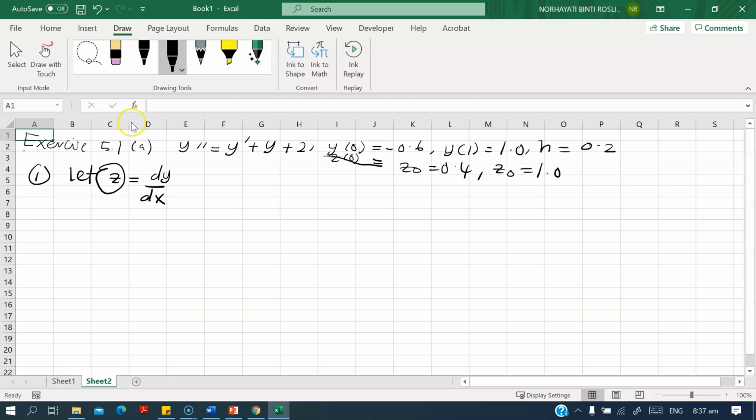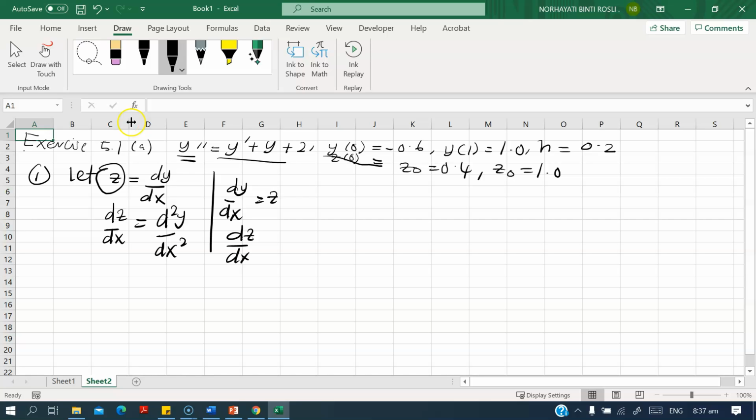And then you need to differentiate this z. When you differentiate, you will have dz/dx equal to the second derivative of y with respect to x. Means that when I write it in terms of a first order system, I write again dy/dx equal to z, and then dz/dx equal to y double prime. This is the same as y double prime, so equal to all this.